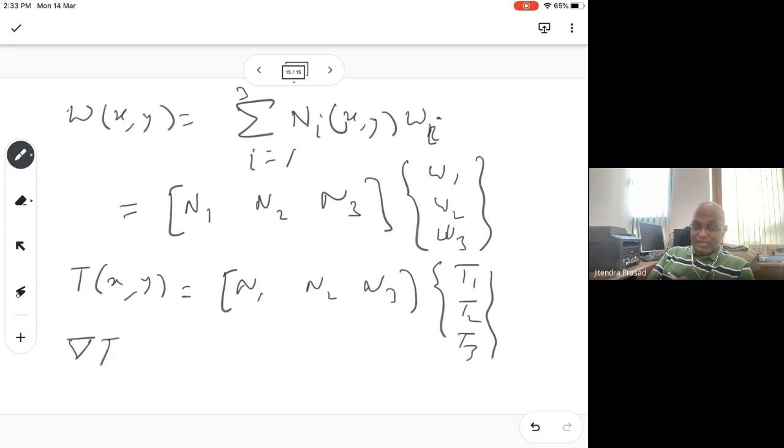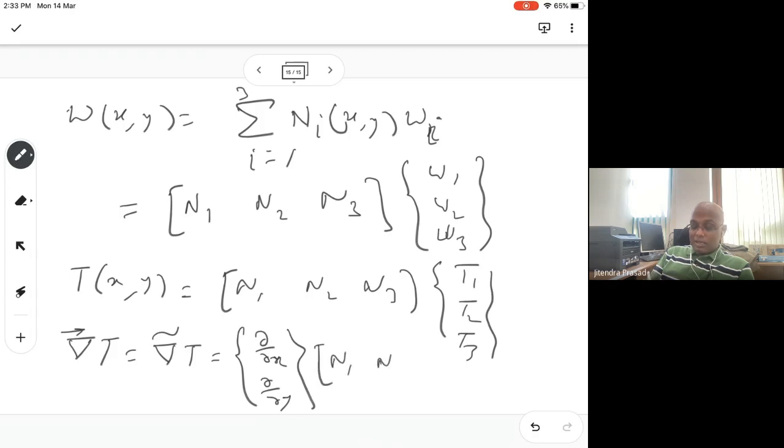Del T will be equal to del over del x, del over del y, and then you have N1, N2, N3, and then you have T1, T2, T3.